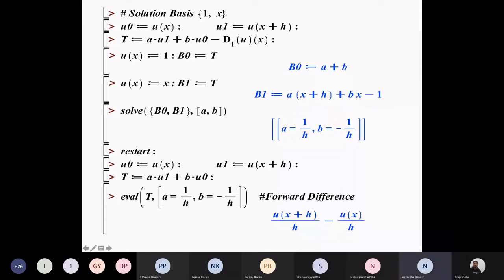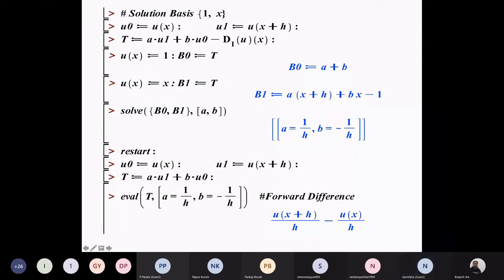I am going to evaluate this linear combination t on the basis elements 1 comma x. So when u of x is 1, I will put this t in equation b0, and when u of x is x, I will put this t in relation b1. So b0 and b1 are two equations in two unknowns a and b. When I solved it, I got a as 1 by h and b as minus 1 by h.